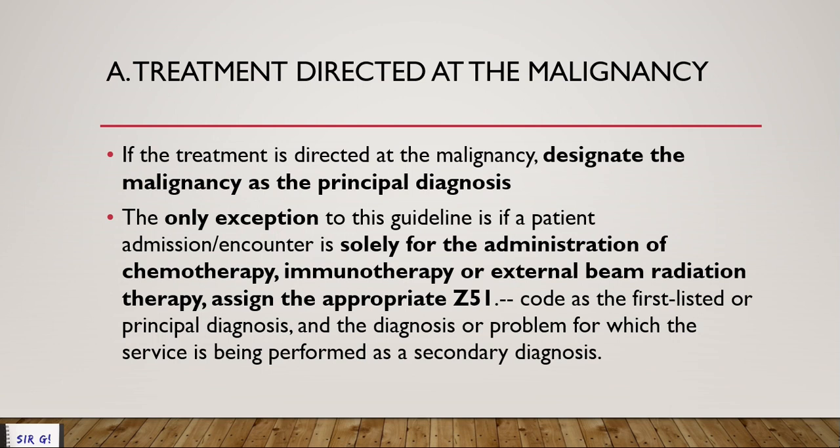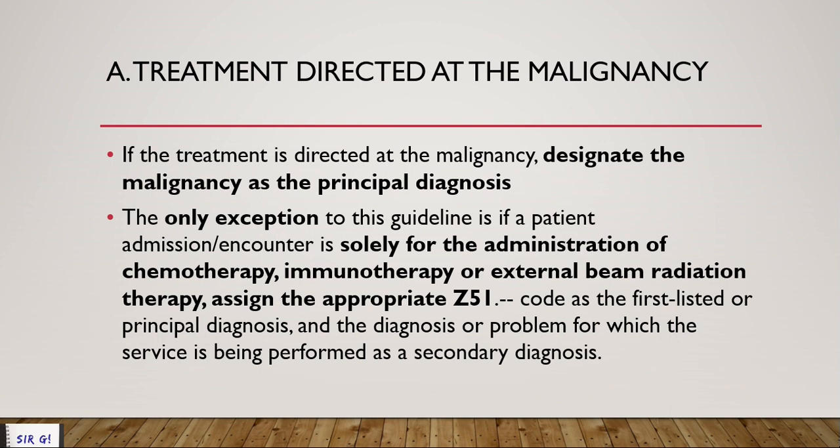Okay, now here's the first guideline. If the treatment is directed at the malignancy, designate the malignancy as the principal diagnosis. Obviously, if the reason for encounter is the treatment of your malignancy, your first code obviously should be the malignancy.